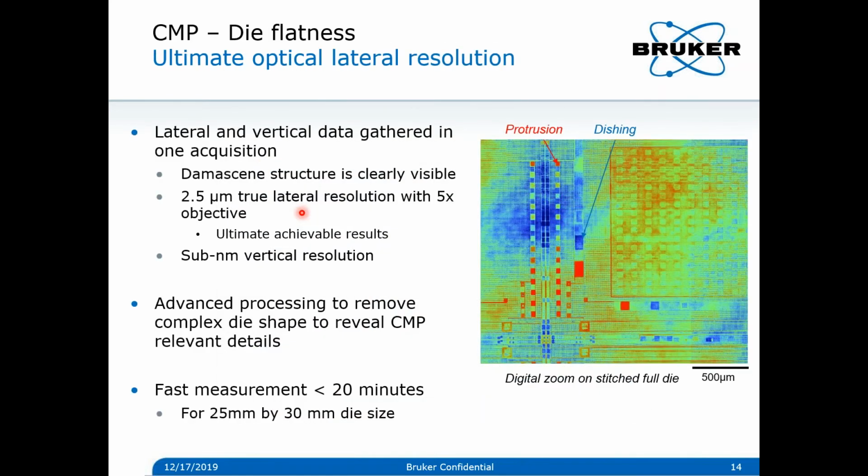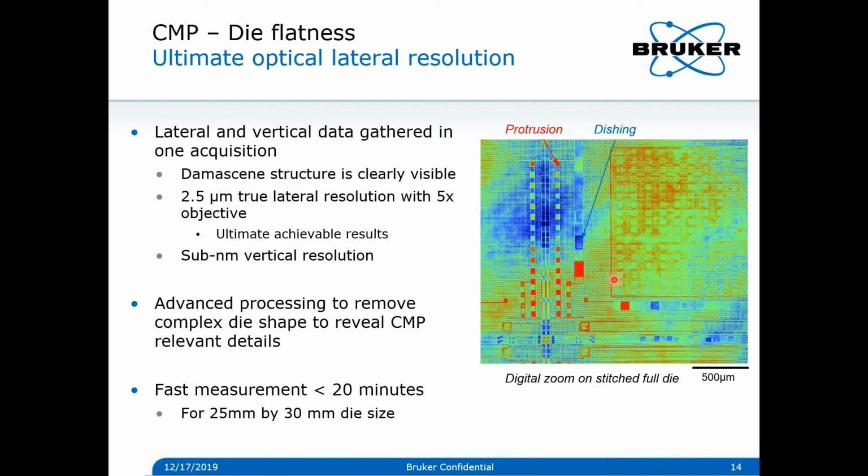So white light interferometry simply helps to measure the full die with enough vertical and lateral resolution. What you see here is a digital zoom in of the golden die thanks to the CLAT. What we see here in blue is a certain dishing, and in red some protrusions.